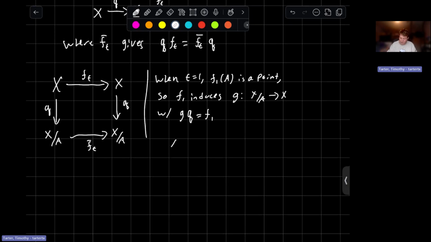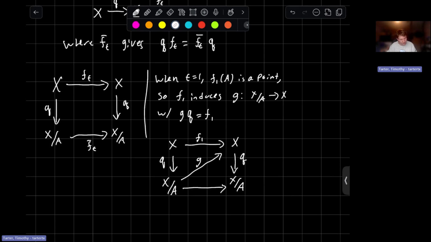And this is in another diagram. X goes by f1 to X, or goes by q to X mod A. And then X mod A goes down by q, goes up by g to X, and then this is f1 bar.